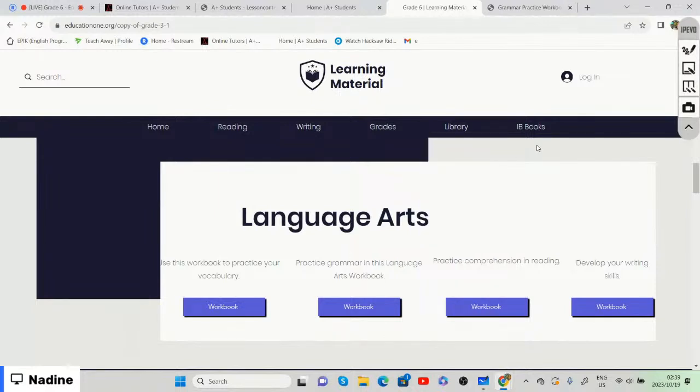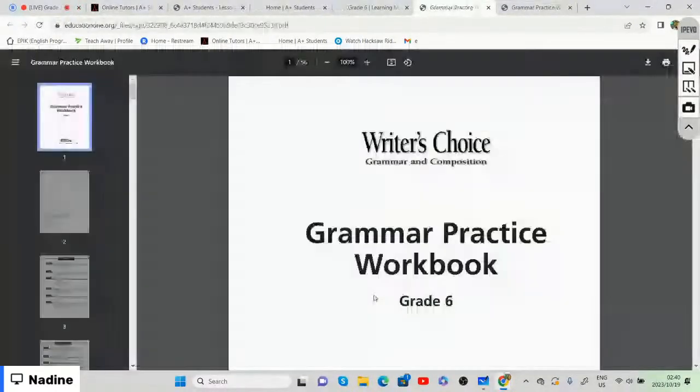All right, so once you have selected language arts, then we're going to go to the second, not the first. We will select the practice grammar in this language art book, so that is the second workbook.